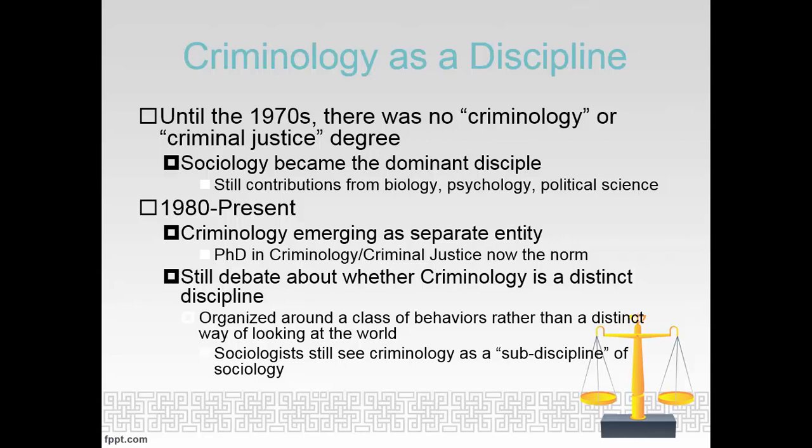By and large, you had to get a sociology degree or maybe a psychology or political science degree with an emphasis on something like deviance. There has been a mini explosion since the 80s. Criminology emerged as a separate entity. UMD just this last year finally added criminology to our department. Prior to that, it was just a sociology and anthropology department, and we offered a degree in criminology.